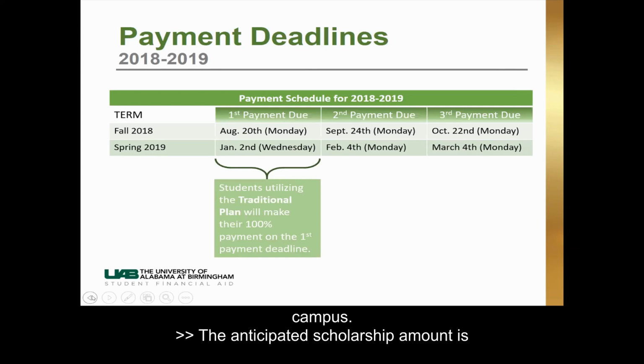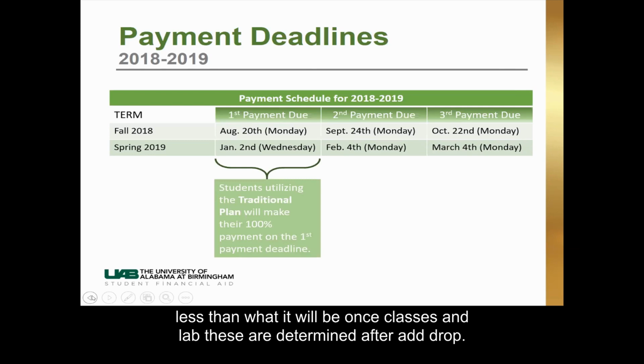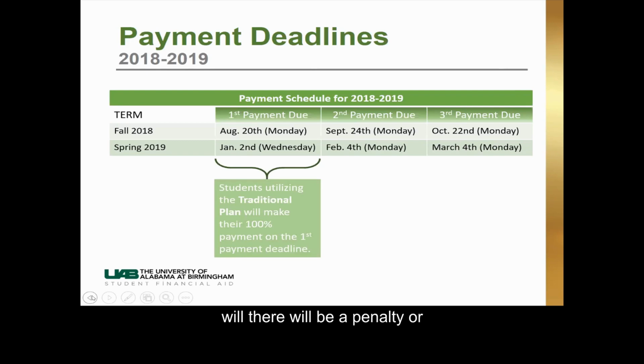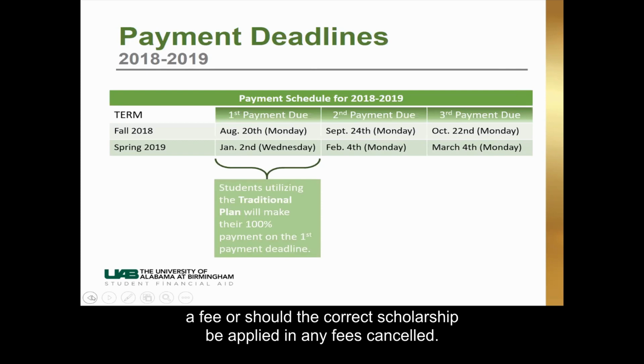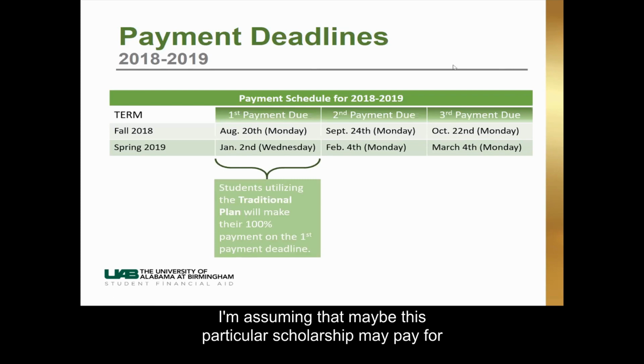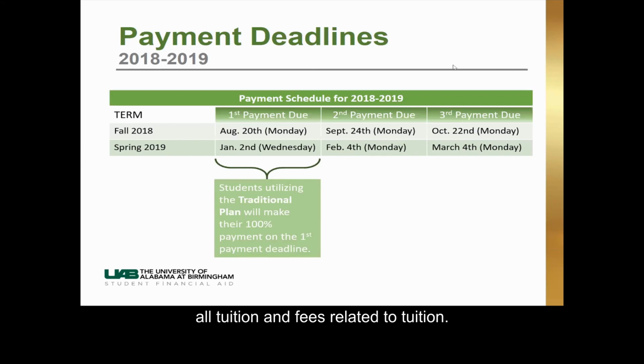The anticipated scholarship amount is less than what it will be once classes and lab fees are determined after add drop. If the amount paid for all fees by August 20th is less than what is owed, will there be a penalty or a fee, or should the correct scholarship be applied and any fees canceled? It's a very long question. Sure. I'm assuming that maybe this particular scholarship may pay for all tuition and fees, and fees related to tuition.